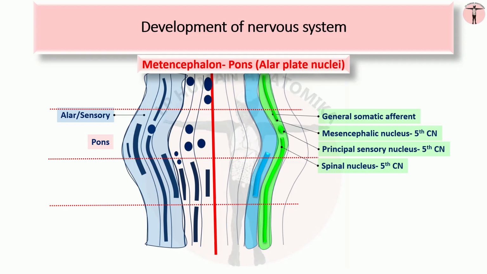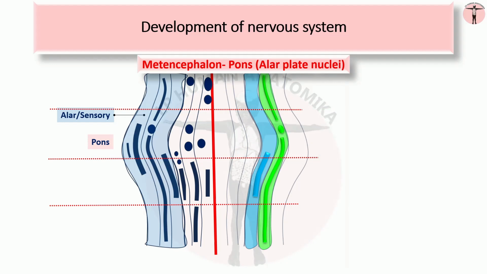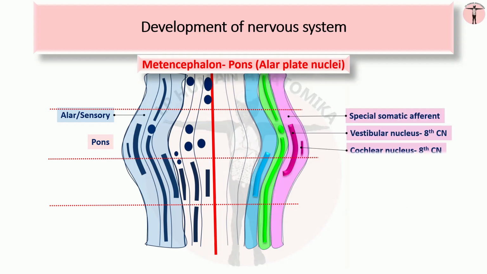All the nuclei receive impulses from the surface of the head. The special somatic afferent column is represented by the vestibular and the cochlear nuclei present in the medullopontine junction and receives impulses from the ear. Both nuclei give rise to the eighth cranial nerve.